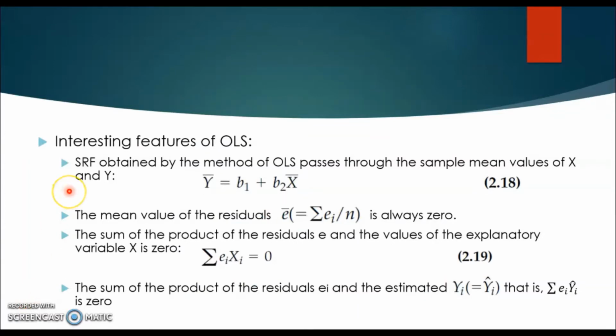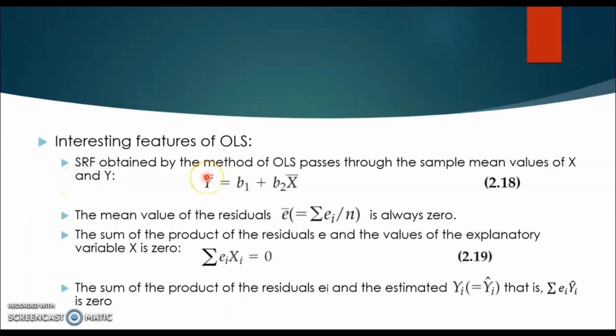And there are a number of interesting features of ordinary least squares. First, the sample regression function obtained by the method of OLS passes through the sample mean values of x and y.